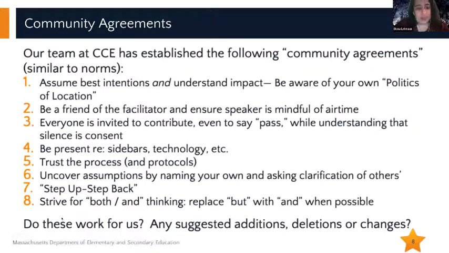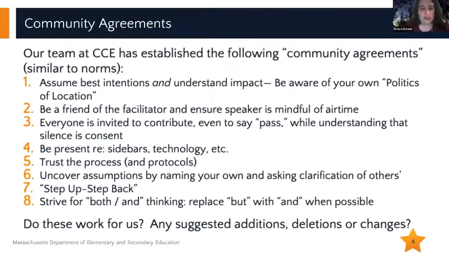Something we don't ever want to neglect is to pause and take a minute. We may be online, but community agreements, or what some of you may think of as norms, are still critical to keeping our groups humming. Some of these are here to really ensure equity of voice, full participation, and strong outcomes from our participation.